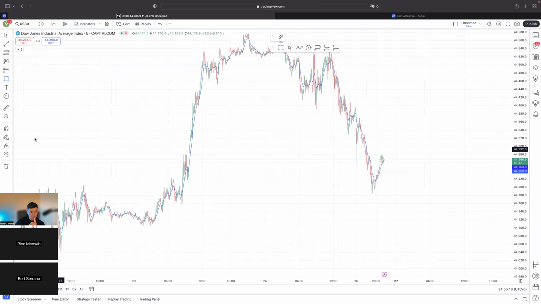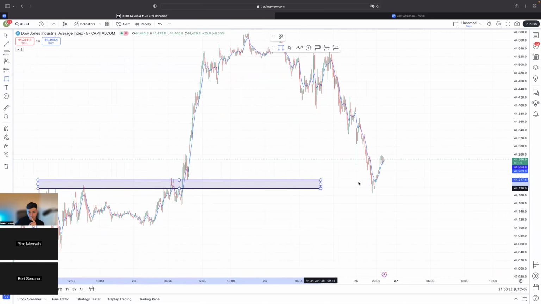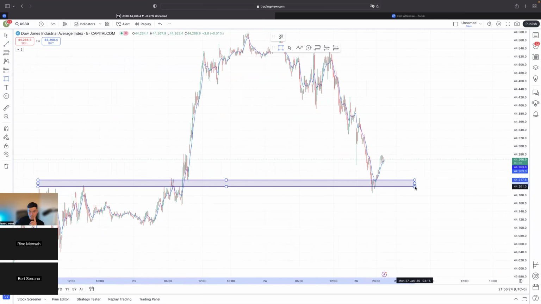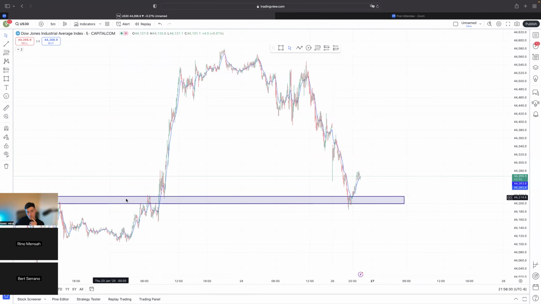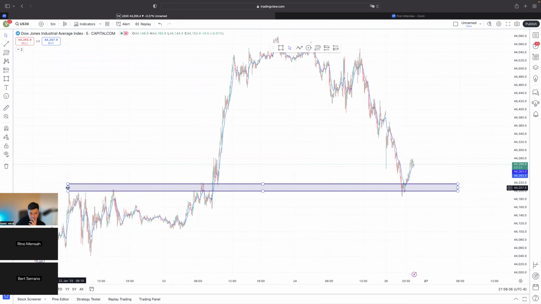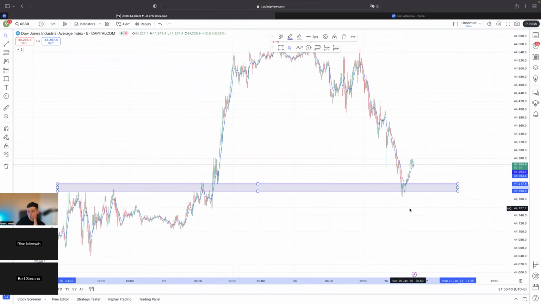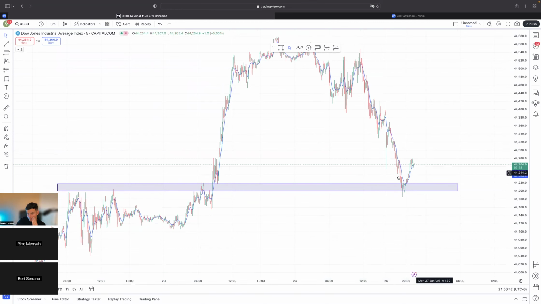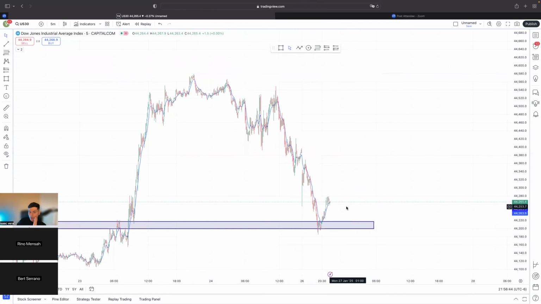In this case scenario, this would be a very respected price point for support. You guys can see it's respected. This support was once a roof. After it broke above, it came right back down, respected it. That makes the support.